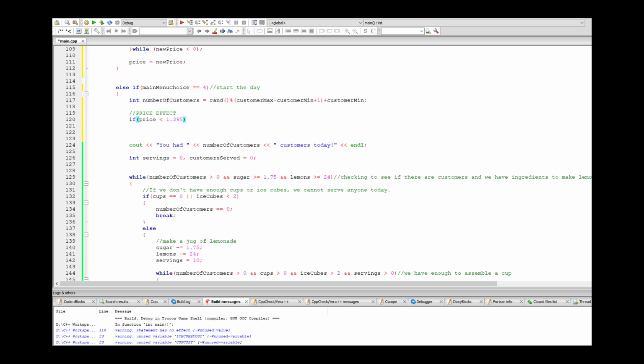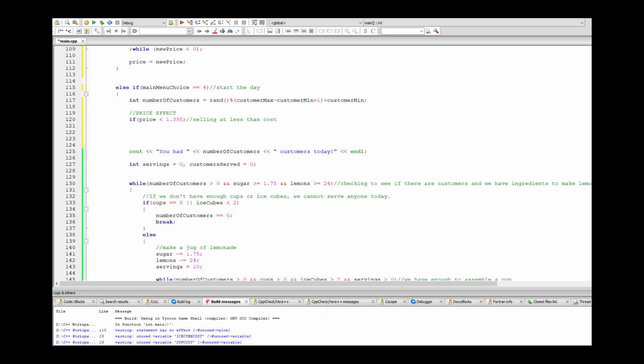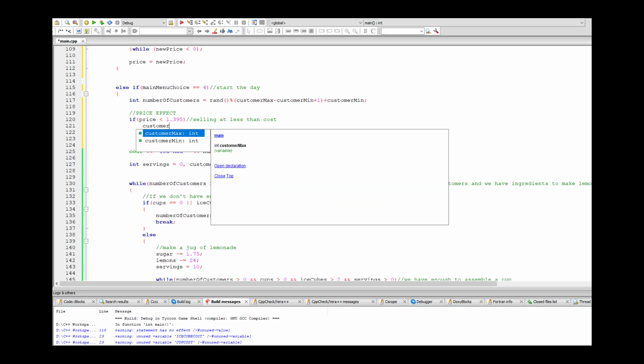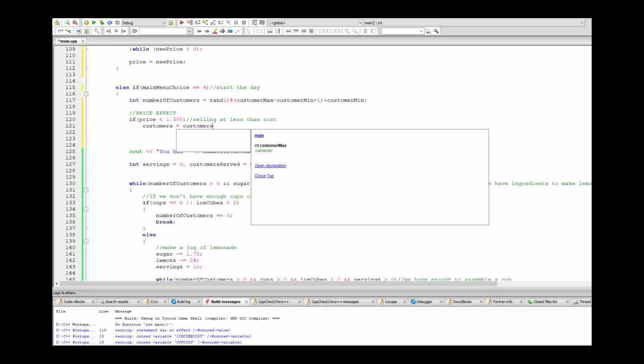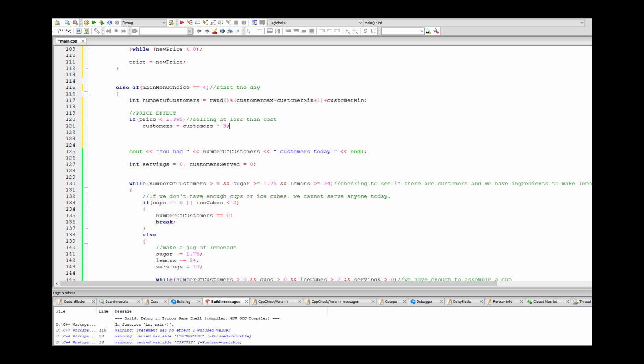That's the unit cost. Selling at less than cost. Okay, then what we're going to do is we're going to say customers is equal to customers times 3.